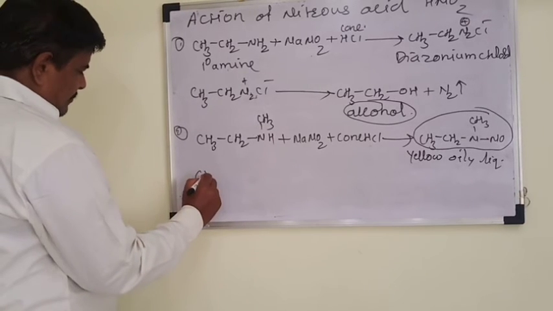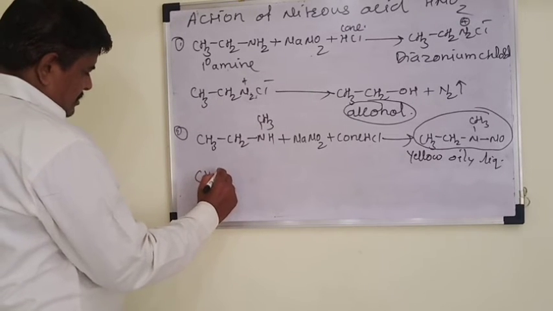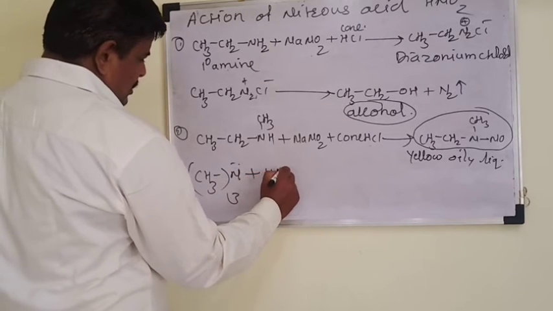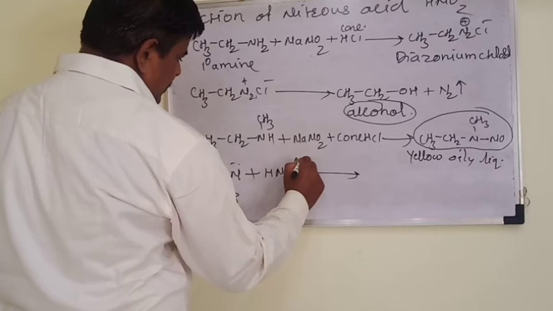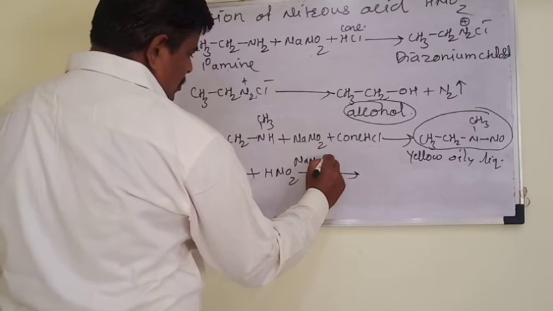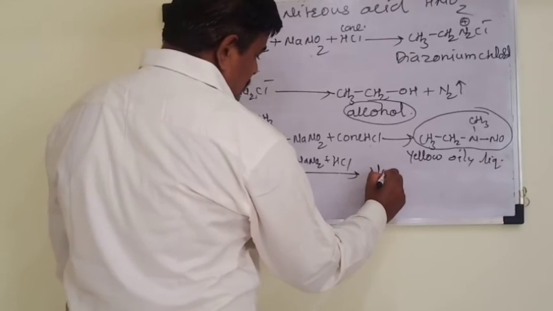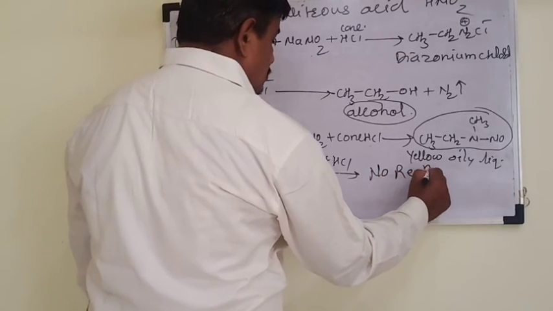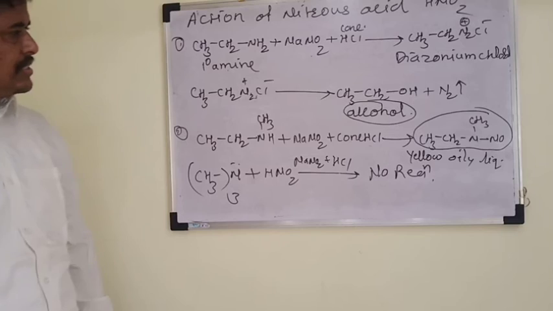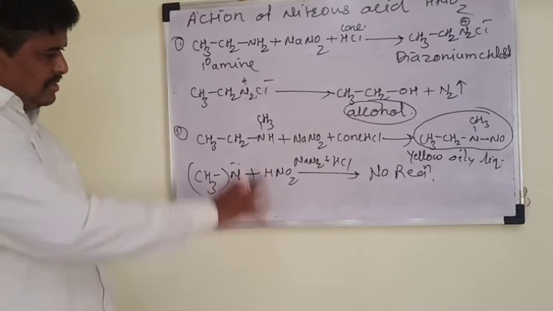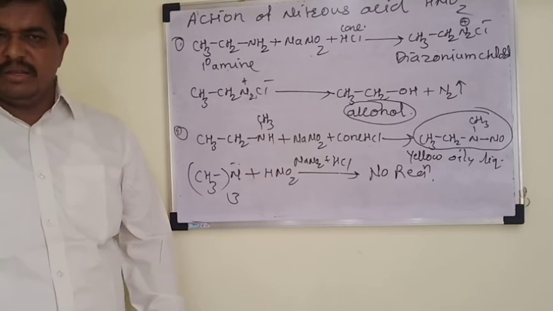If we consider a tertiary amine, when it is treated with HNO2, prepared by NaNO2 HCl, then you have to write no reaction. So a question can be asked to distinguish between primary, secondary and tertiary amine. Then you have to write these three reactions.